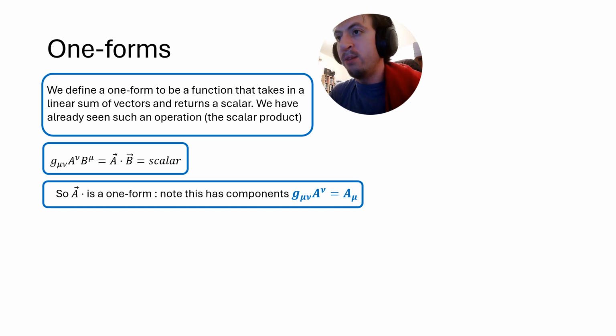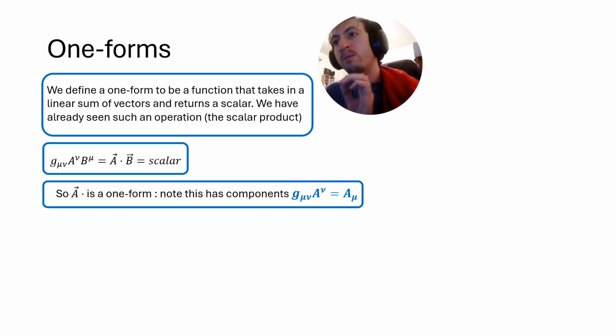We can write the components of a one form as A_μ. So notice, if the index is on the top, and we've just got one index, that's the component of a vector. If the index is on the bottom, and there's only one index, that's a component of a one form.